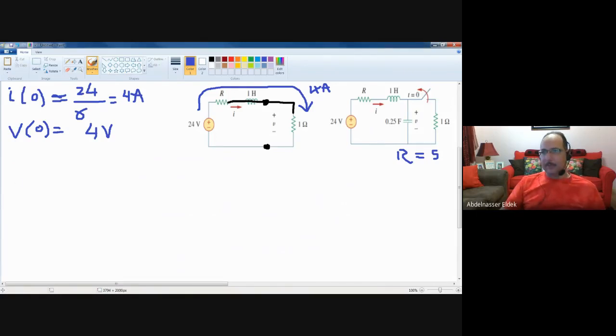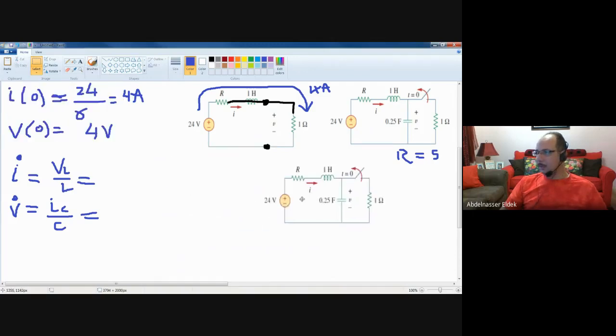Now let's calculate V dot and I dot at t equals 0. Again, I dot is VL divided by L, and V dot is IC divided by C. So let us look at the circuit after you change the switch.